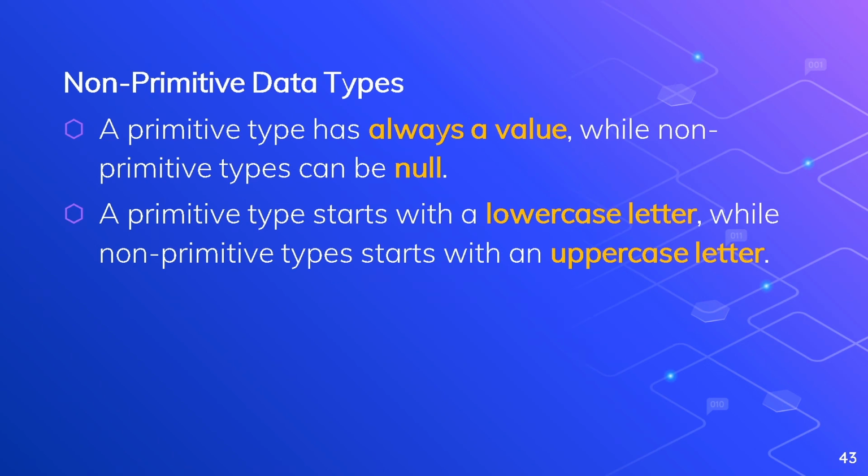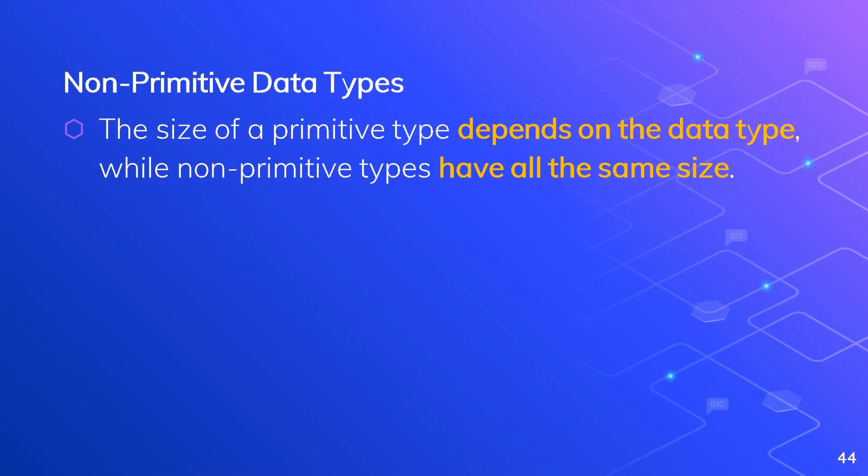And then, next, primitive type starts with a lowercase, while the non-primitive type starts with an uppercase. Okay? And then, last one, the size of a primitive type depends on the data type. Diba? Yung pinakita kong sizes kanina, so nakadepende yung size nung data. Okay? While non-primitive types have all the same size.